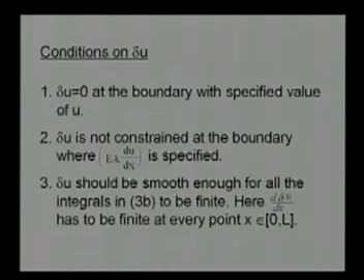You see, at the end x equal to 0 for our problem, we have u given. So when u is given, the variation of u is set to 0. So at a boundary where the displacement is specified, there the variation delta u is set to 0. That is the first condition on delta u, or on w, the weight function, that we had taken.